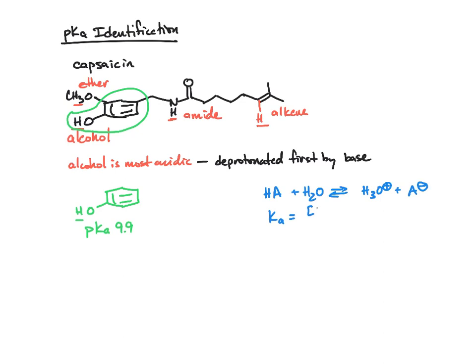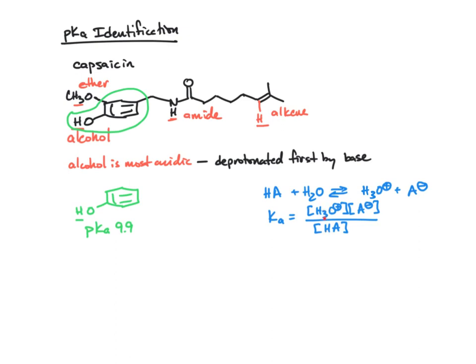So again, we use these square brackets to indicate molarity, divided by the acid. Remember, the concentration of water gets folded back in, so the Ka is a constant. So if you look at that equation, what this is telling you, if something ionizes to give you a lot of H3O plus, that means this concentration is really big.